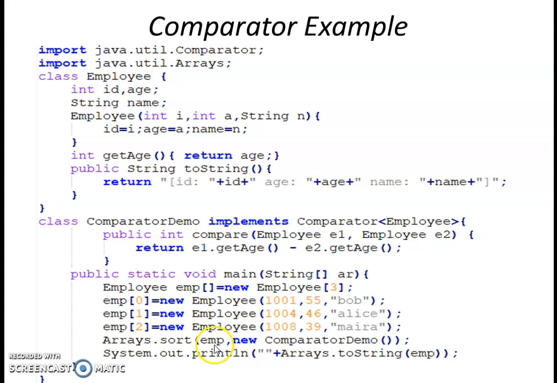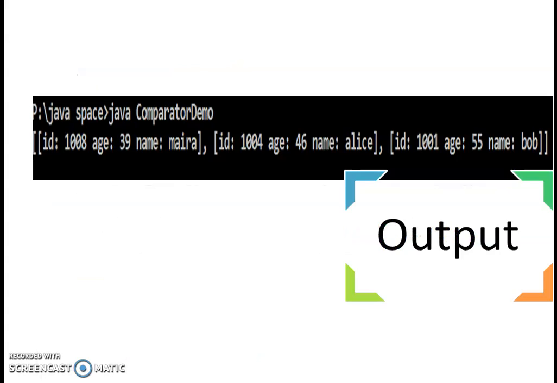One is emp, that is array to be sorted, and next parameter is instance of this class that implements comparator. So new ComparatorDemo, right? And now we are invoking Arrays.toString with parameter emp. So when we compile this code and run this code, it will sort the objects, and objects will be sorted based on age. Here you can see objects are sorted based on age 39, 46 and 55.